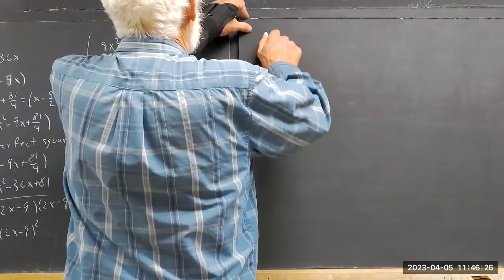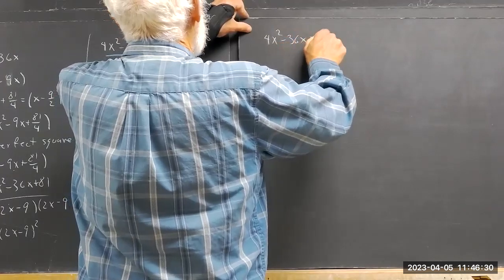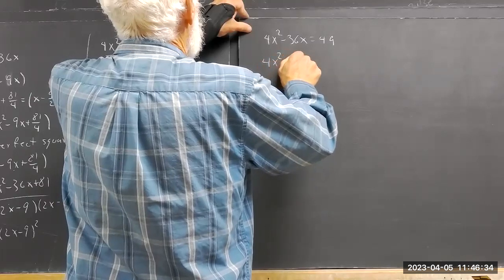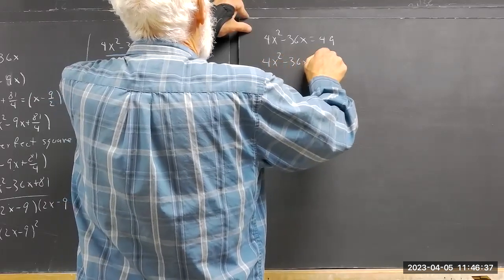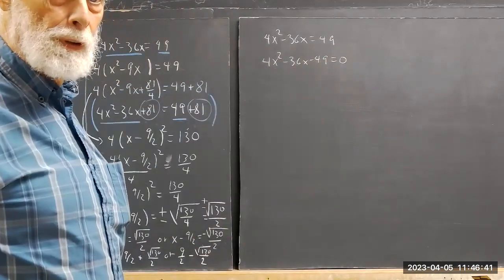Okay, so if we were solving this equation, 4x squared minus 36x equals 49, I should have thought this in terms of this equation.